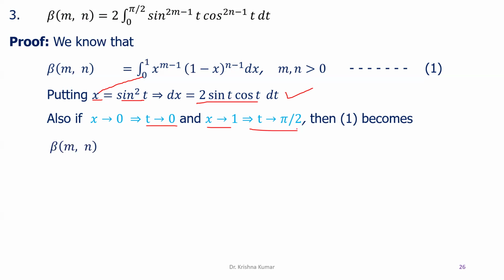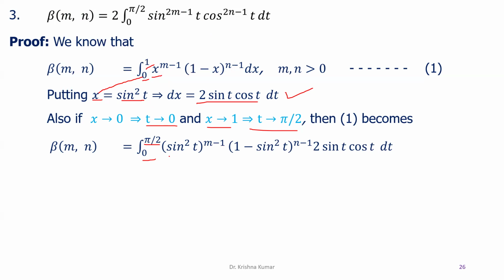Hence equation 1 becomes beta of mn is equal to integration under the limit 0 to pi by 2, x is sine square t whole to the power m minus 1, 1 minus x is sine square t whole to the power n minus 1, and dx is equal to 2 sine t cos t dt.